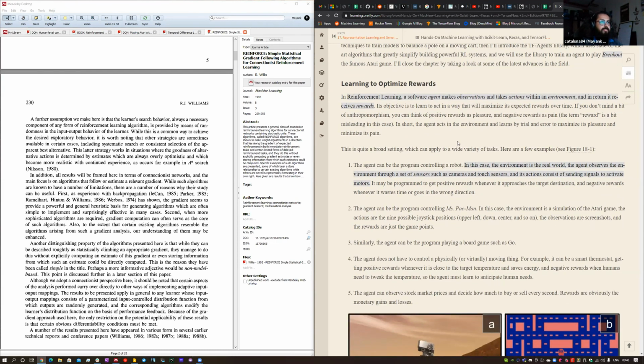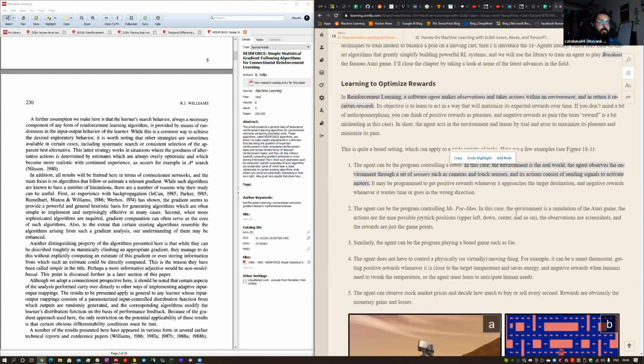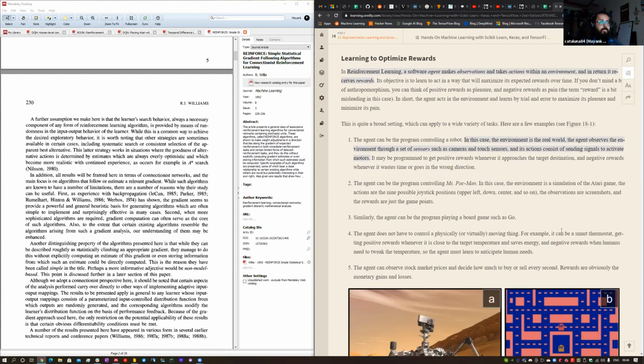Then the second heading here is learning to optimize rewards, in which the author talks about a software agent that makes observations and takes actions within the environment and receives rewards. So it is trying to maximize the rewards over time.